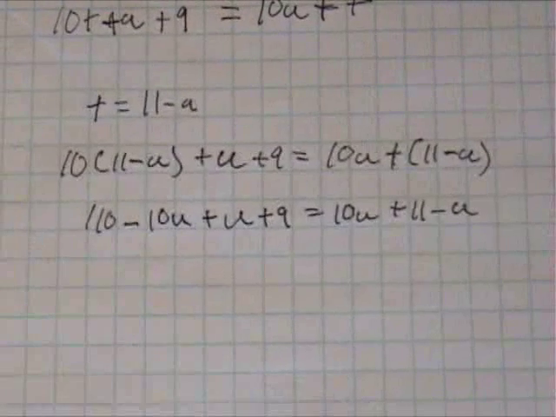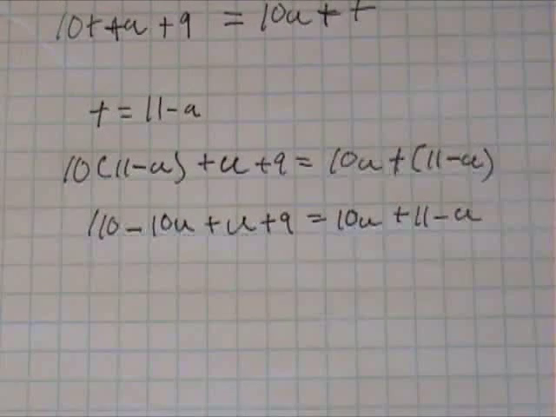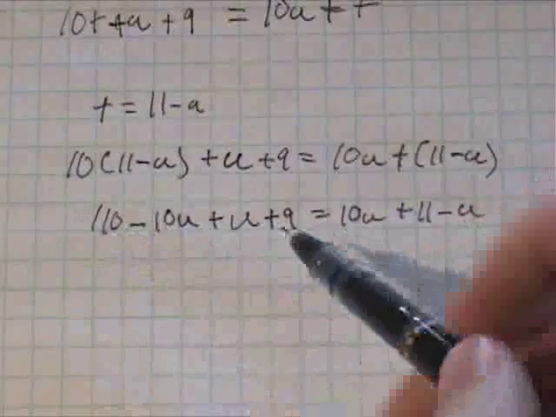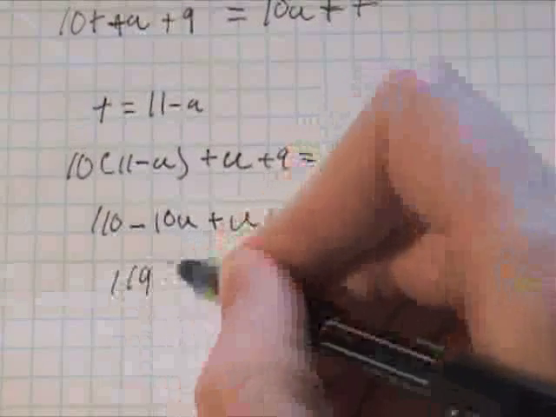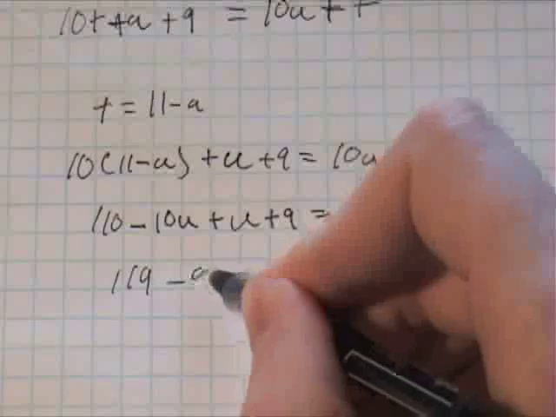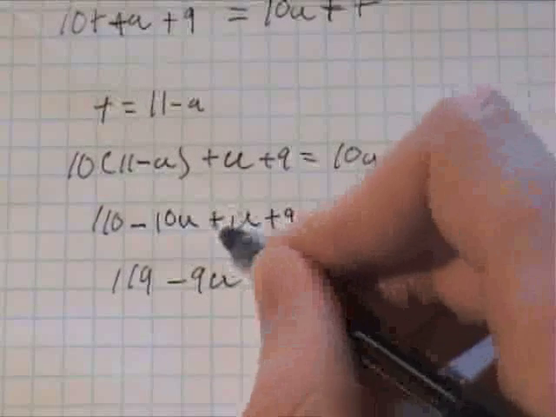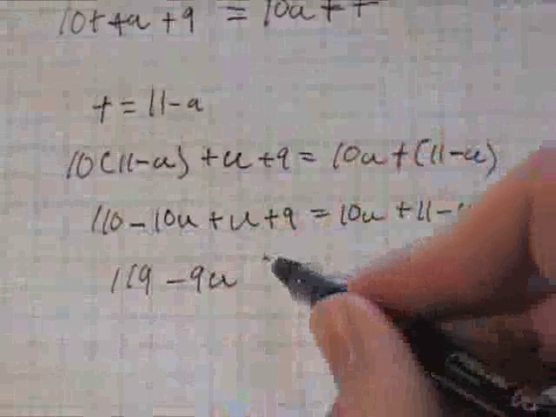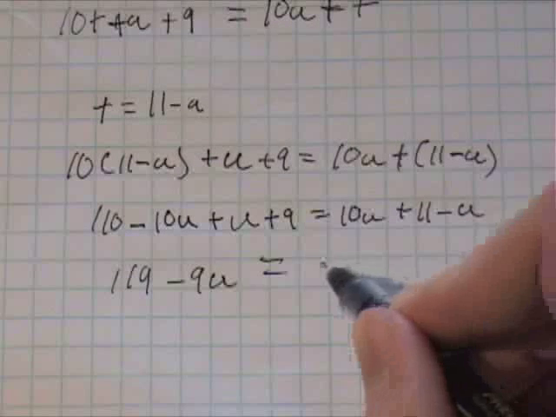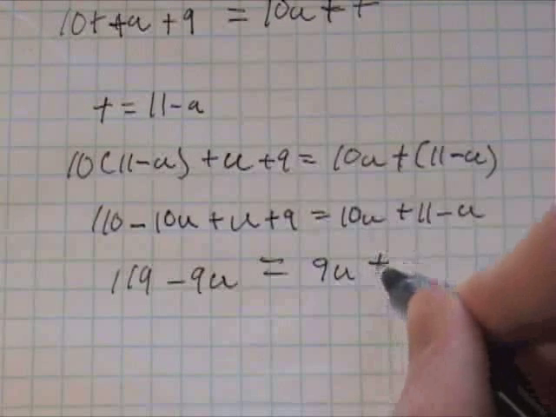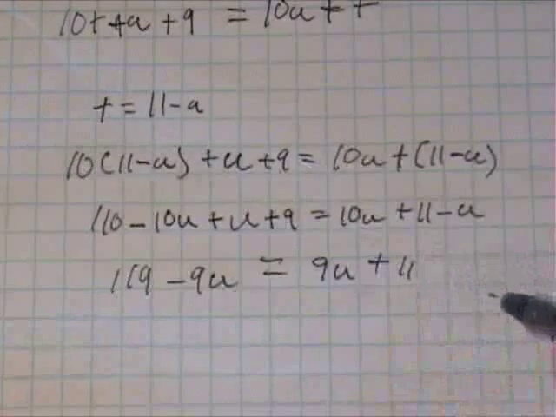Let's combine all the like terms now to make this real simple. So this first one here is 110 plus 9, 119, and then this is going to be negative 9u, because we have a positive u and a negative 10u. This other side here, it's going to be a positive 9u plus 11.